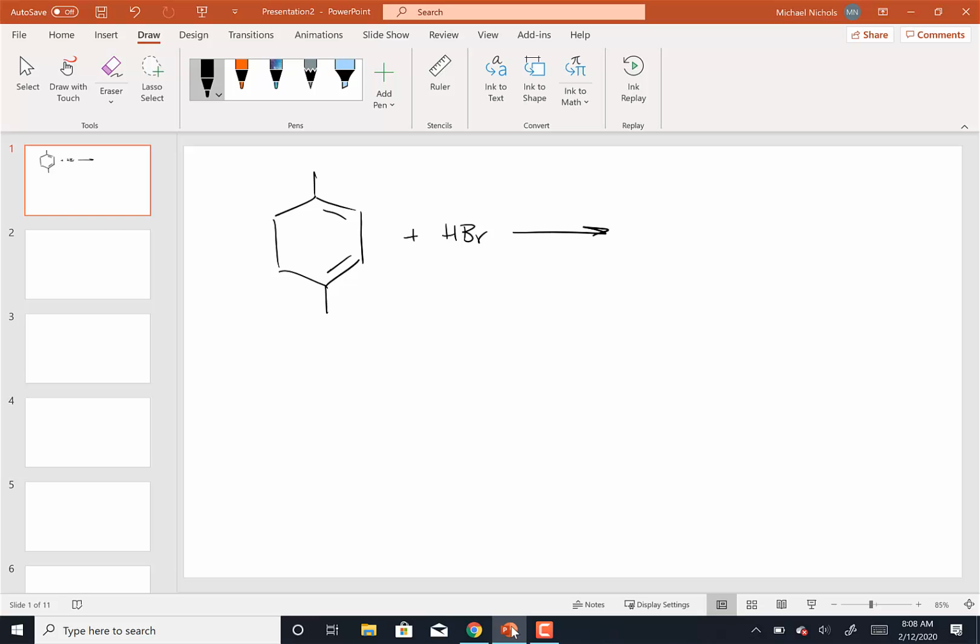So let me give you a minute to do that for this molecule, and then you can tell me what you wrote.